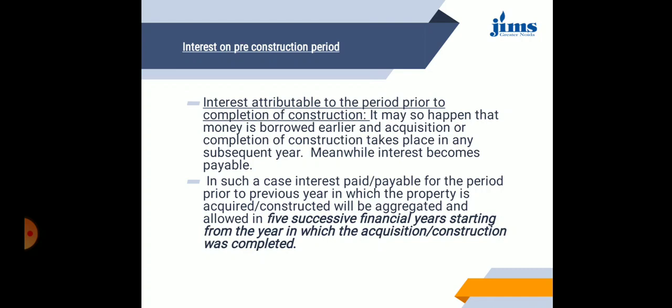Meanwhile, the individual has already incurred an interest liability of 90,000 for the financial years 1999-2000 and 2000-2001. Because of the above provision, he can claim a deduction in respect of this interest of rupees 90,000, over and above the yearly interest, in 5 equal installments of rupees 18,000 each starting from the assessment year 2002-03.